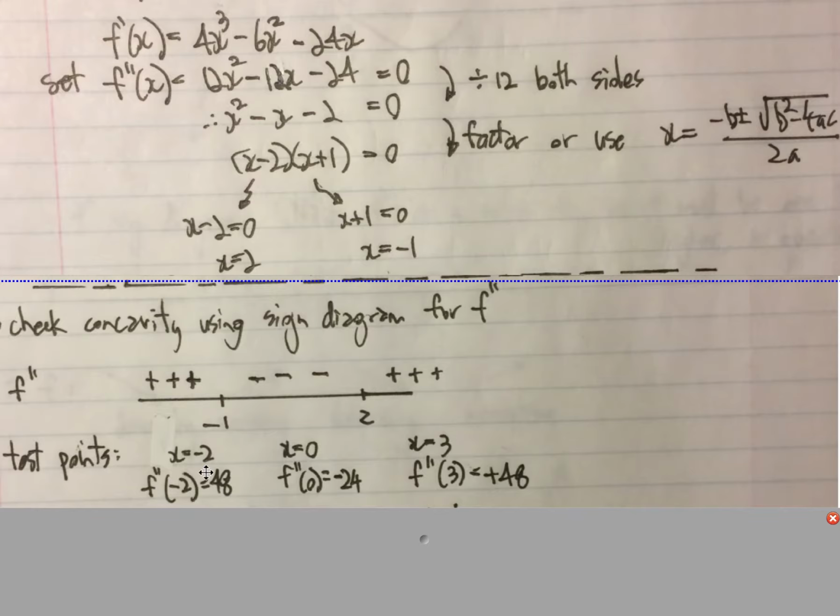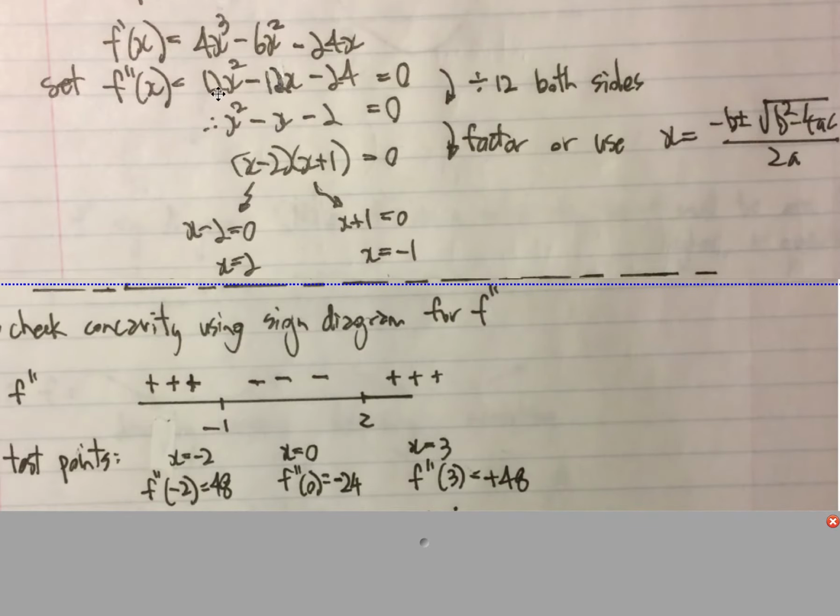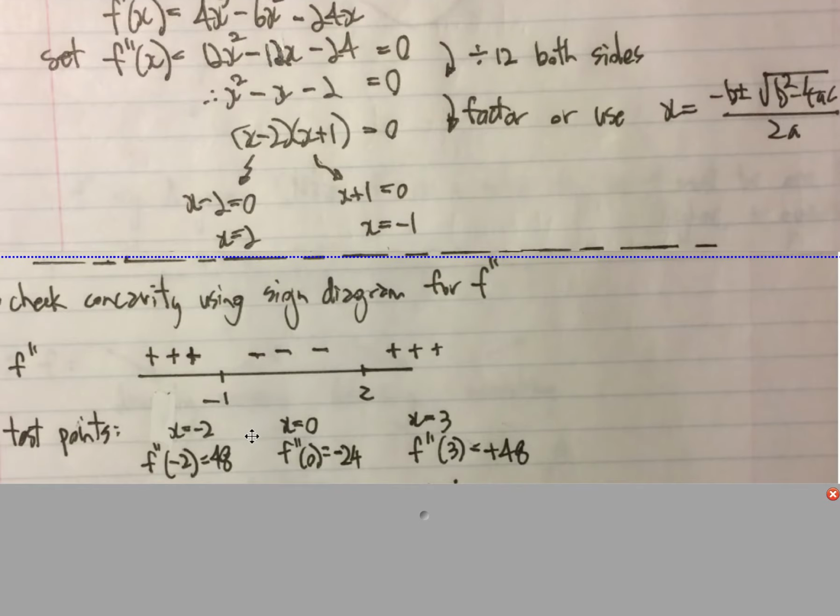Substitute them into the second derivative, and really what we're interested in, so we're using the second derivative function here, the original one, not the simplified one, but the original one. What we're interested in is whether the values are positive or negative, not so much the actual numerical value, but more or less whether they're positive or negative. And I've already gone ahead and entered those values, positive, negative, and positive.